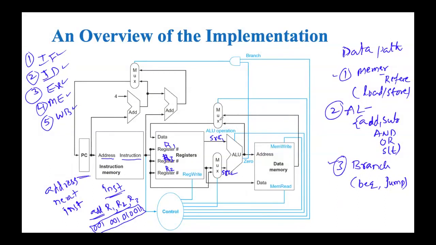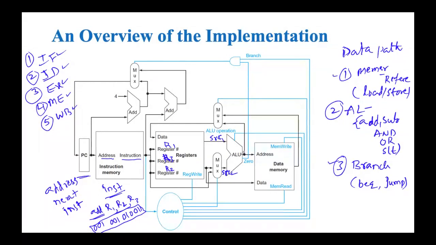That means both the inputs of your ALU come from registers only. So the output of the register file, the first source, your R2, comes as an input to your ALU, and R3 comes from the register file as an input to your ALU. Then the arithmetic and logic unit performs the operation and gives the output.